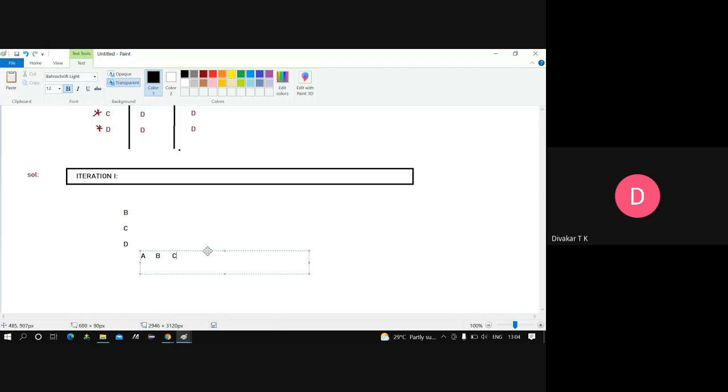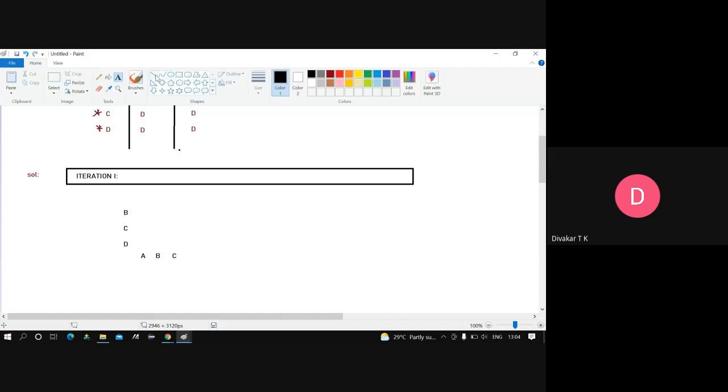Great, perfect. Now to write the table, there is a very simple and effective way. First of all, you have to mark a line like this. It is very easy. You have to mark like this. After marking, just take D from here to here.